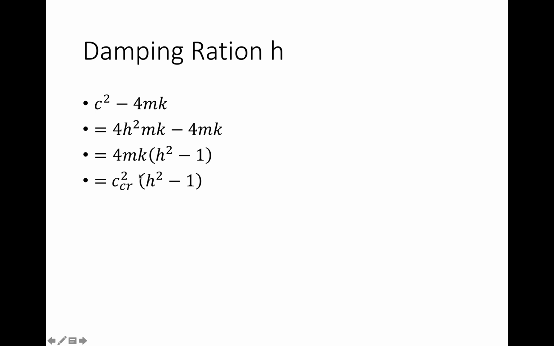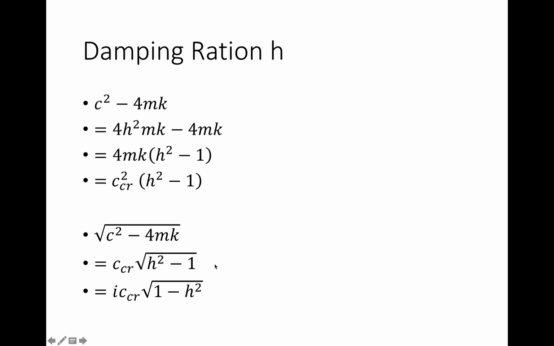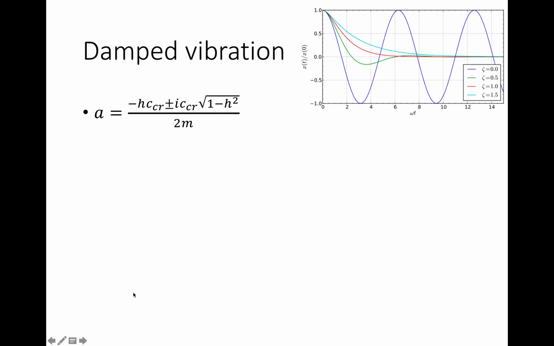So generally, we can write critical damping squared times h squared minus 1. Thus, inside the square root, we get this kind of equation. Put the C_cr outside and get h squared minus 1 inside. By changing the direction, because we know that in most cases h is smaller than 1, we put them back looking like this, but with i.